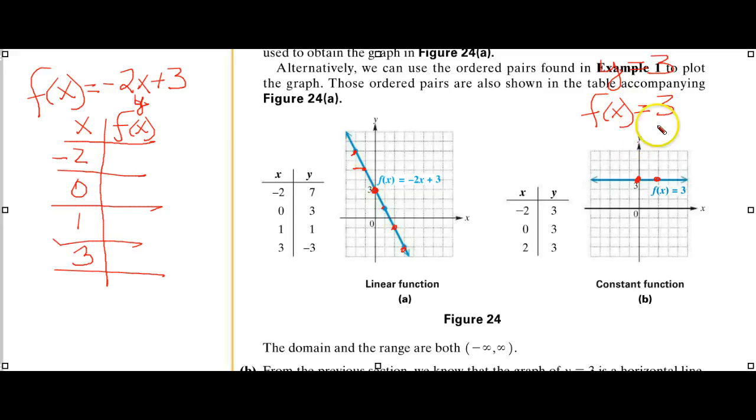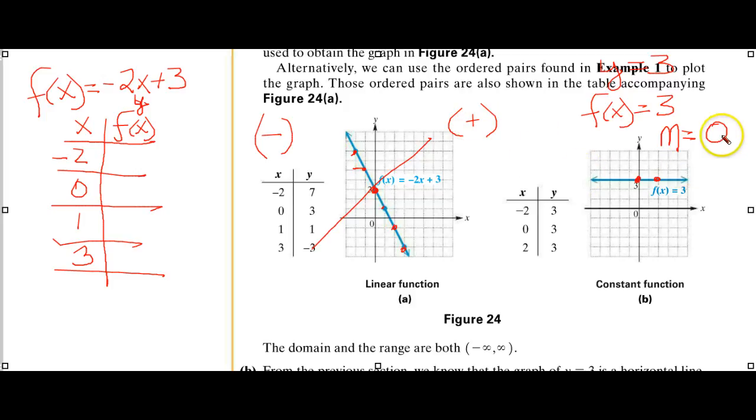Now an interesting thing about horizontal lines, just to give you some background, the slope of all horizontal lines is 0. Now lines that go this way are negative slope, and lines that go this way are positive slope. Some background. So starts high, goes down, negative slope. Starts low, goes up, positive slope.